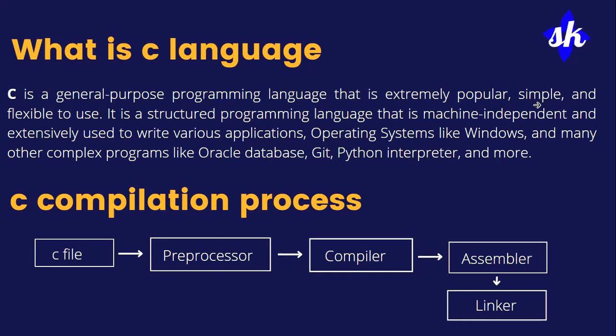That is basically how your C file is compiled. It first starts from the preprocessor. After the preprocessor, it goes down to the compiler. After the compiler, it goes down to the assembler. After the assembler, it goes down to the linker.